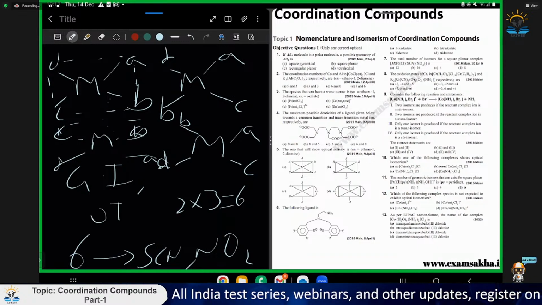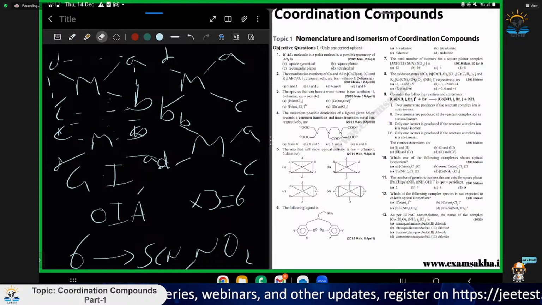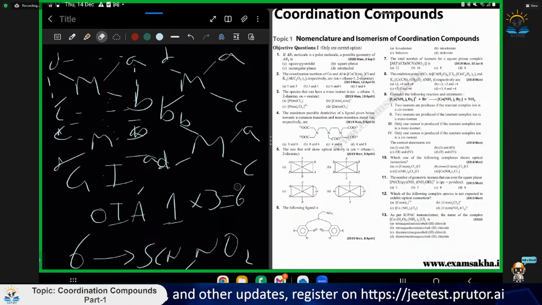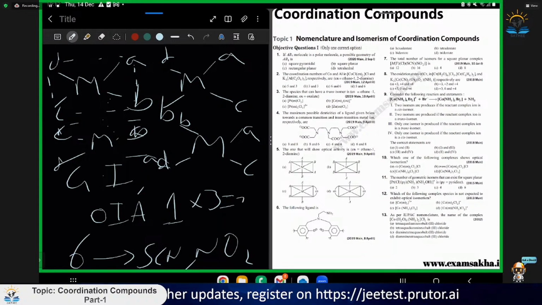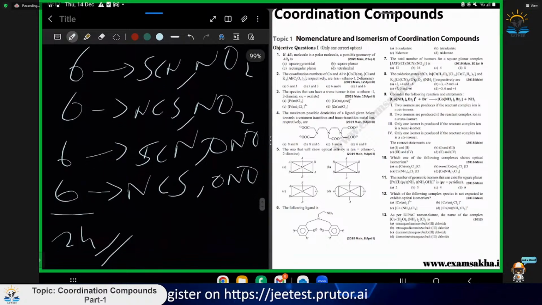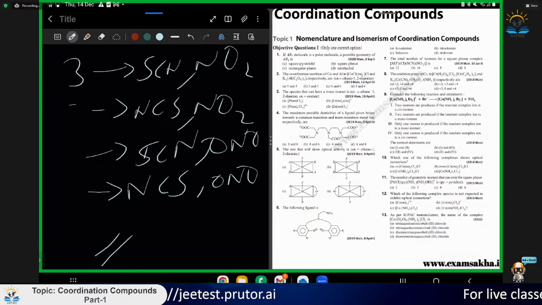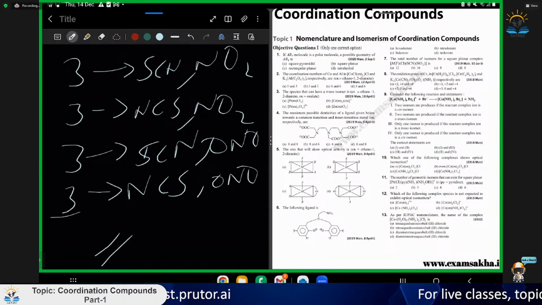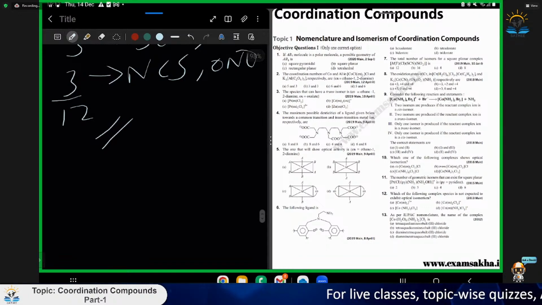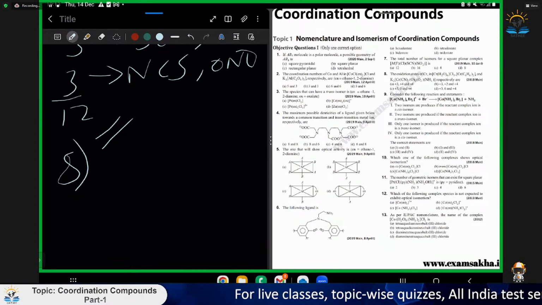So your compounds are optically inactive. So it is not 2 into 3, it is 1 into 3, times 4, 12. Sorry for my mistake. If there is a plane of symmetry, those are optically inactive.